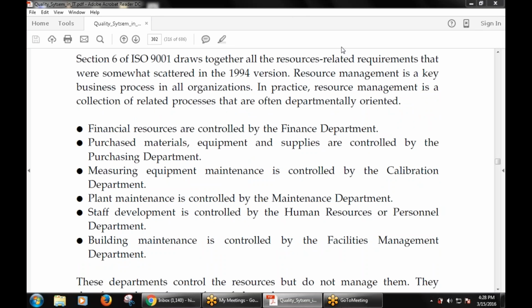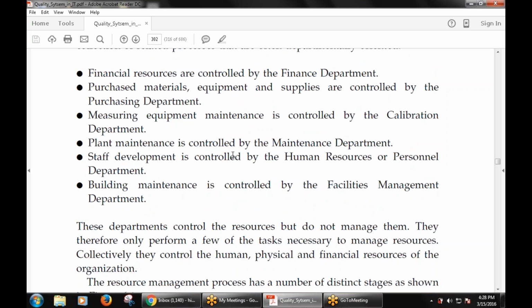So what are the resources required? Purchase of material, equipment and supplies is controlled by the purchasing department. Then there is machining equipment and plant maintenance, controlled by the maintenance department.